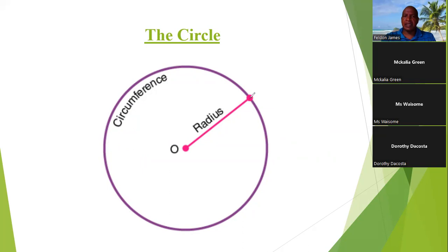If you imagine the hand of a clock moving around in a circle, then that fixed point is going to be on the circumference of the circle. Now radius is singular and radii is plural.